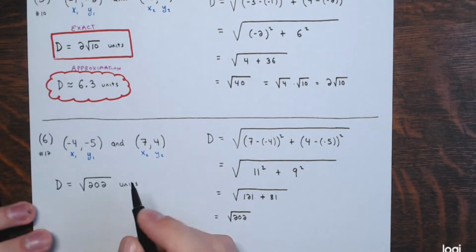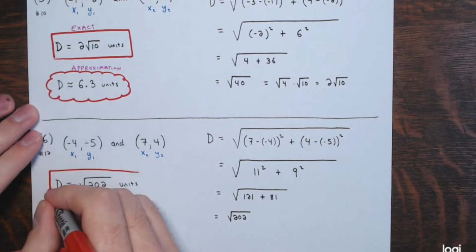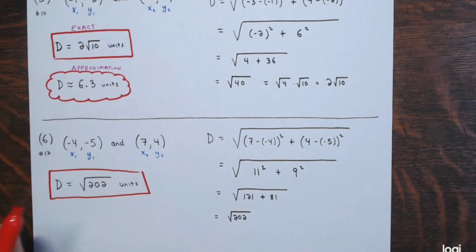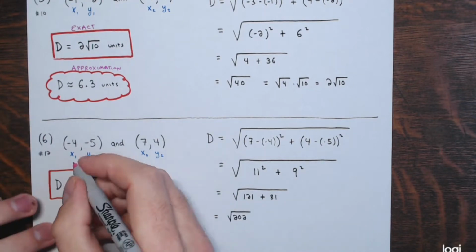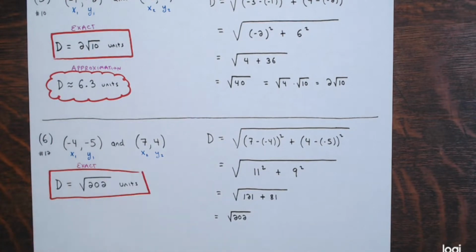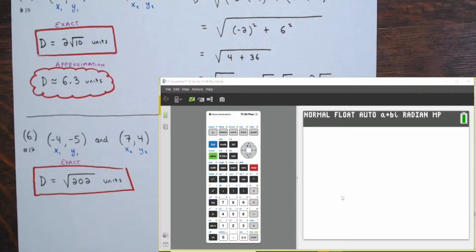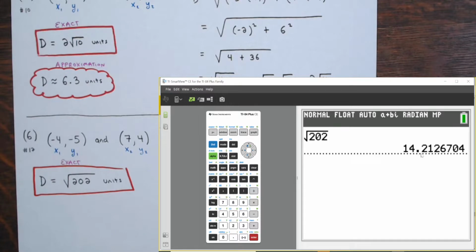And if you leave it like this, this is the exact form, the exact answer. And then we round it to 1 decimal place, round it to the nearest tenth. So the square root of 202 is about 14.2 units.